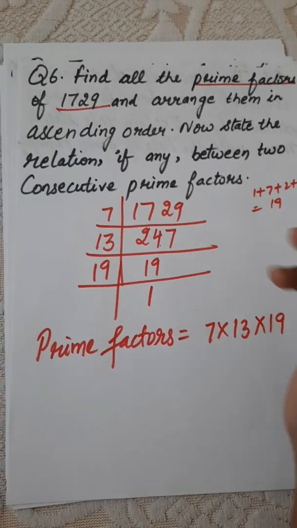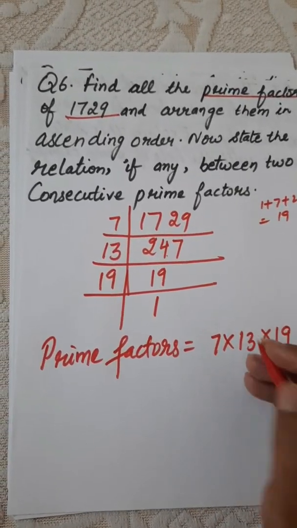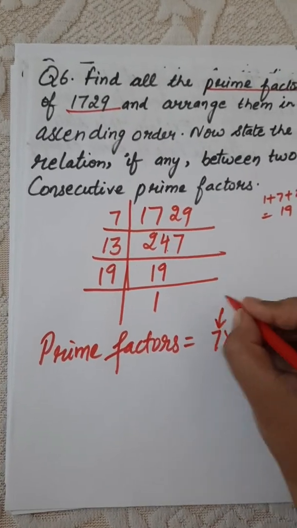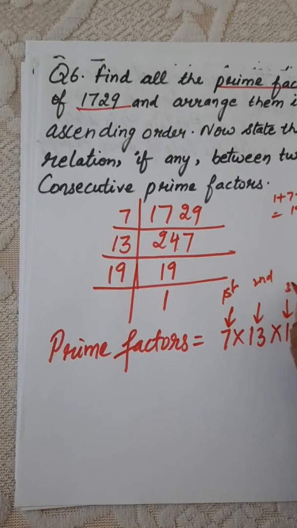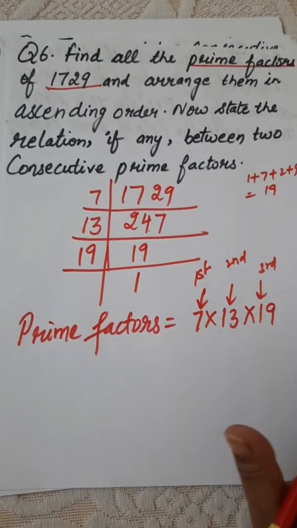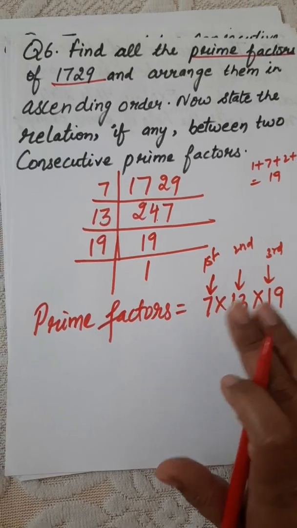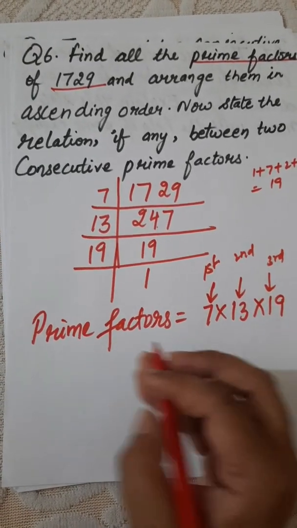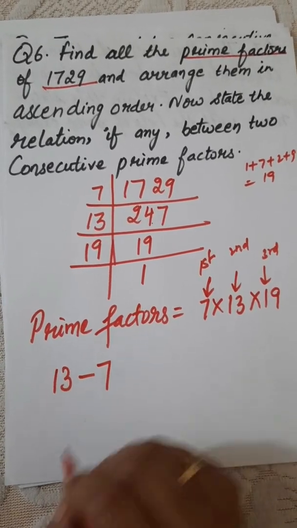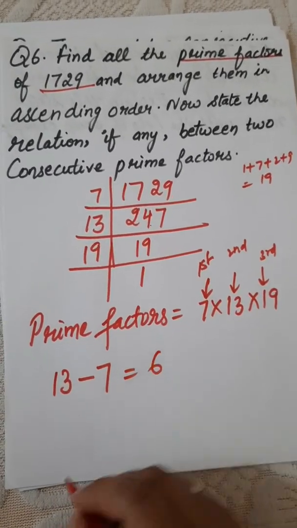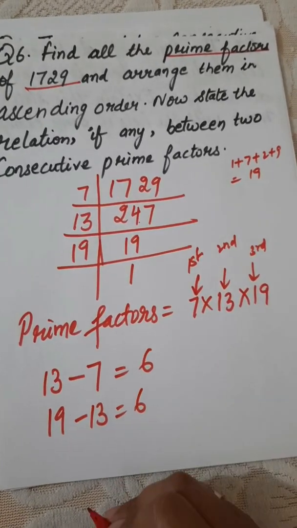Then we have: now state the relation between two consecutive prime factors. Consecutive means next. This is the first prime number, second prime number, this is the third prime number. These are consecutive because after 7 the next prime number is 13, and after 13 we have 19. So what is the relation between these? If I subtract 13 minus 7, I will get 6. If I subtract 19 minus 13, then again I will get 6.